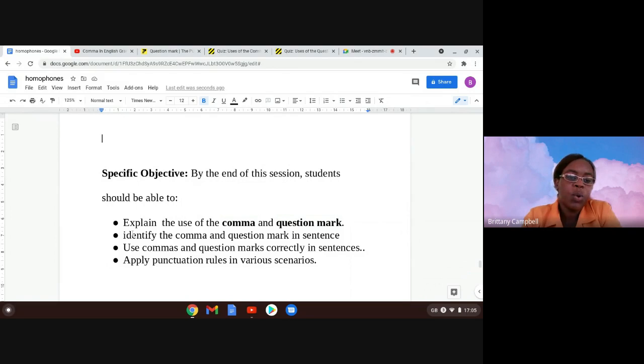We're going to identify the comma and the question mark in sentences. And we're going to use commas and question marks correctly in sentences. Finally, we're going to apply the punctuation rules in various scenarios. So those are our objectives for this session.